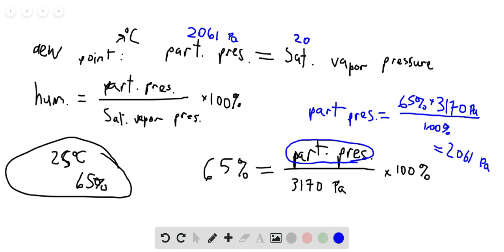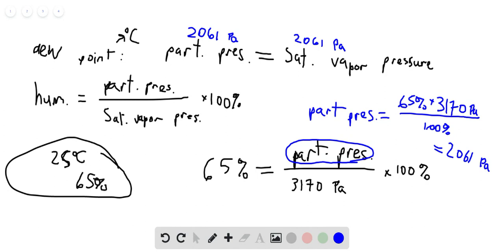It will be 2061 Pascal. And now we can go look at the table of saturated vapor pressures as a function of temperature and find which temperature corresponds to this saturated vapor pressure. So let's have a look.